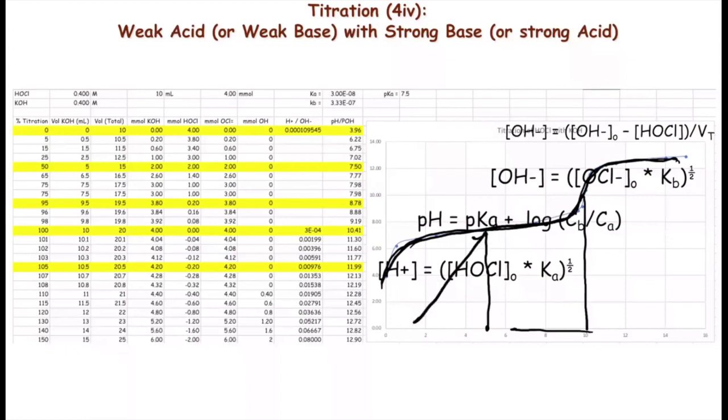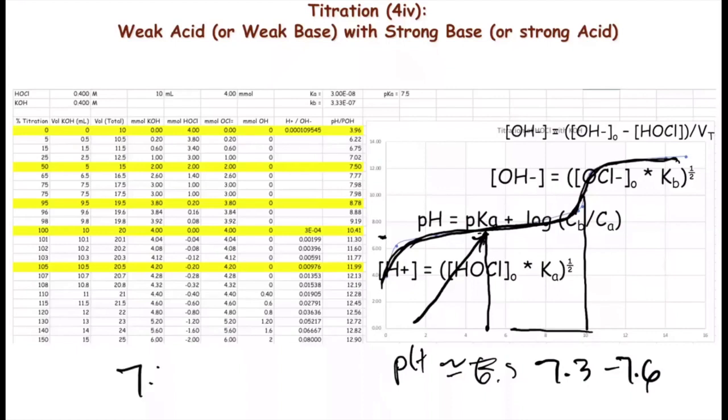If you read the pH here, the pH is approximately 7.3, 7.6. Okay. And what did we say our pKa is for hypochlorous acid? We said it was 7.46 approximately. So if you have a straight edge ruler and you are more precise, you can see that this value right here, eyeballing it, is certainly within that.